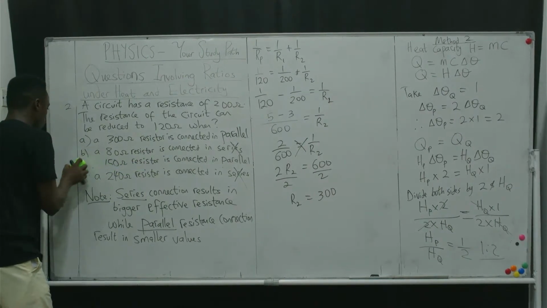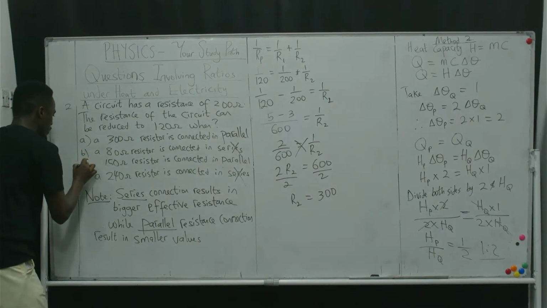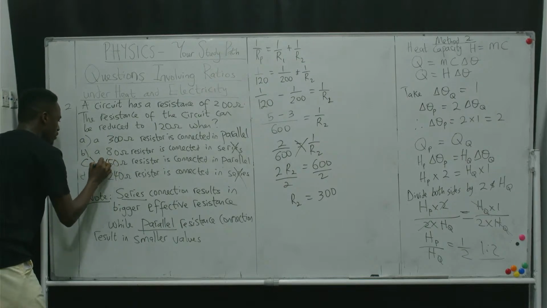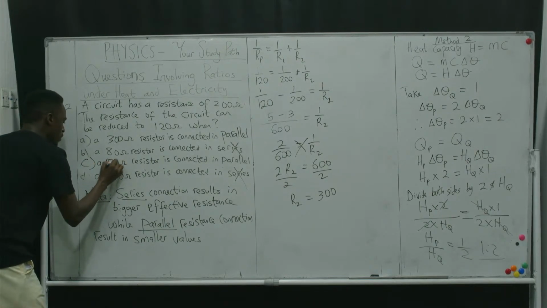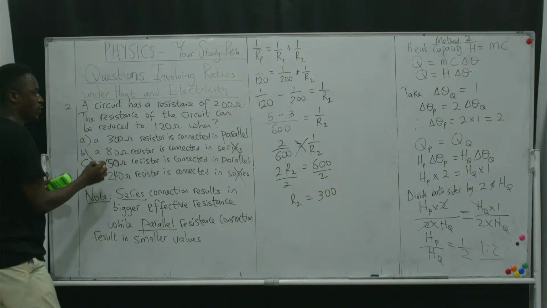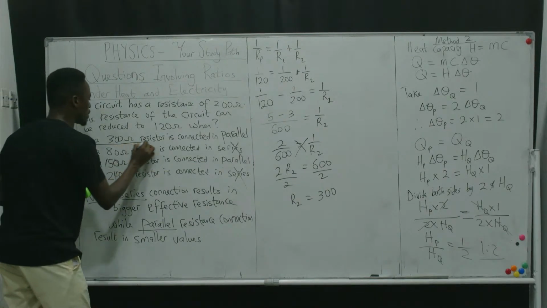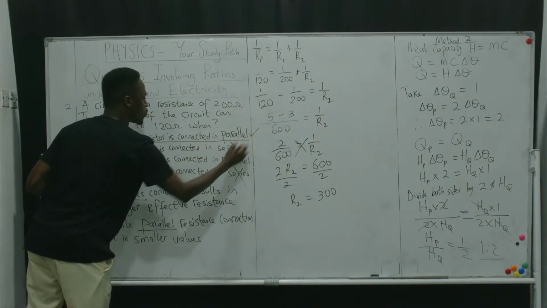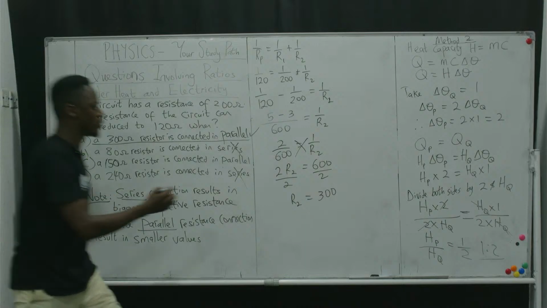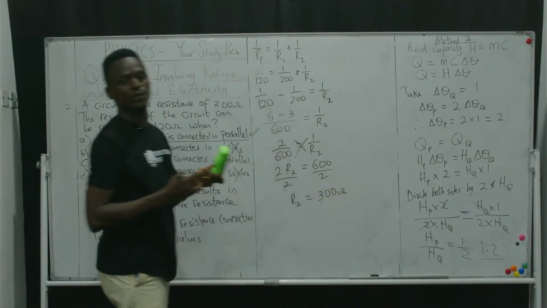So we should have option C as our 150. And we have option A. So option A would be the correct answer, 300, as we have shown in our calculation, 300 ohms.